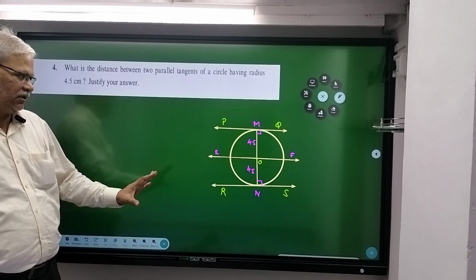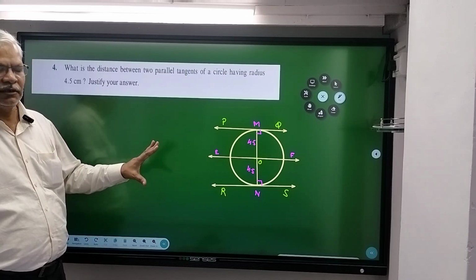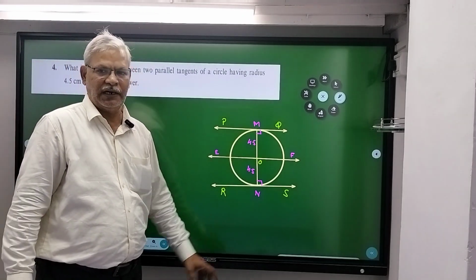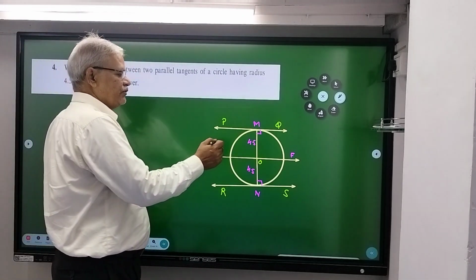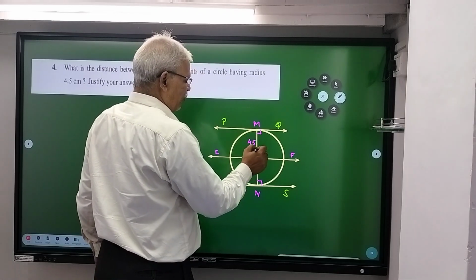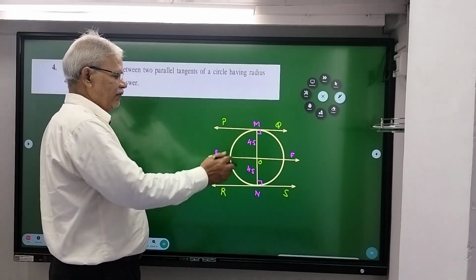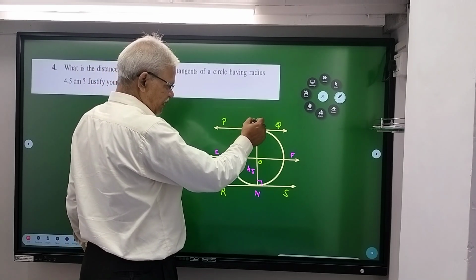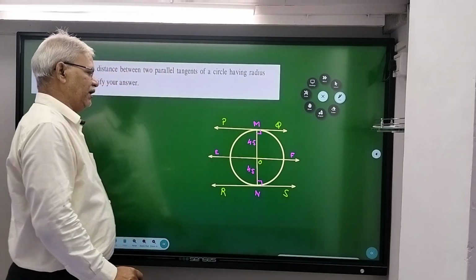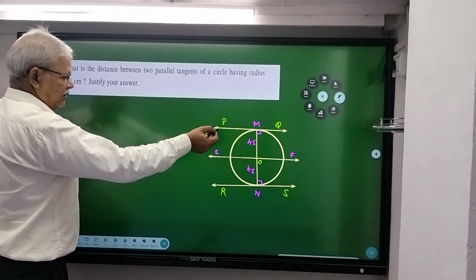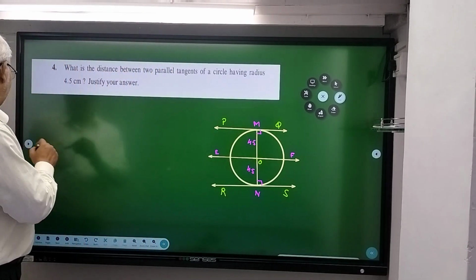Okay, this is your answer, 9 centimeter, the distance between these two parallel lines. But how are we going to write it? First we will show that M, O, N are collinear and then we will add, means MO plus ON is equal to 9.